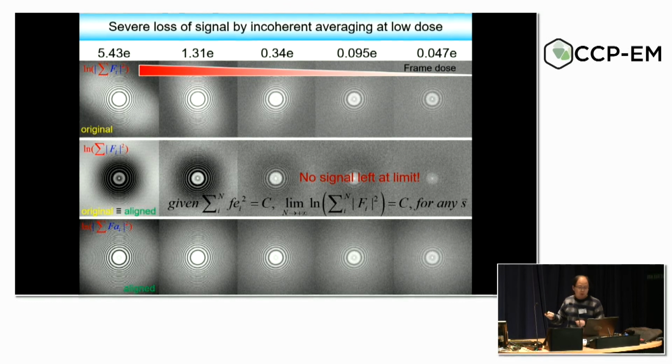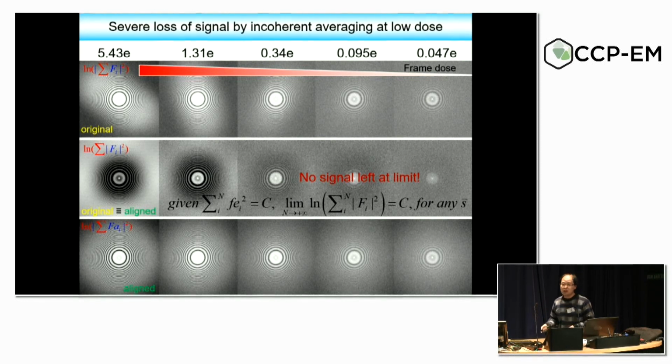So that's the problem in practice. Interestingly, in most of our practical cases, the dose is in between these two extremes. On one side, you have the problem of drift, beam-induced movement, charging, etc. On the other hand, you have very low dose for each frame, and using incoherent averaging, you lose signal.